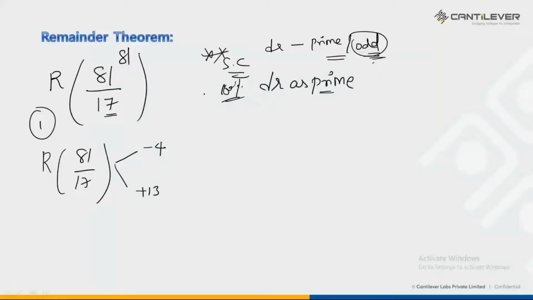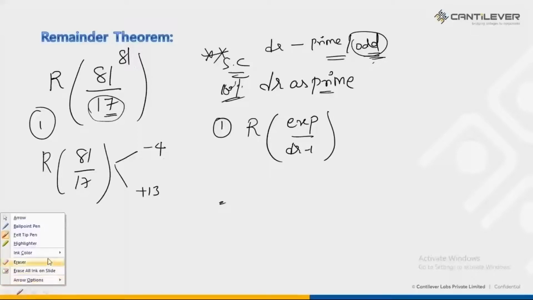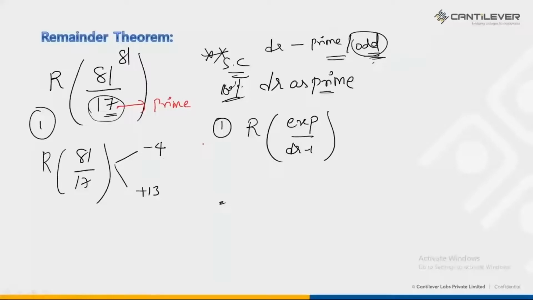Now, if you observe that the denominator is a prime number, the procedure is: first step, calculate the remainder when the exponent is divided by denominator minus 1. Whenever you find that the denominator is prime, you can solve the question in this way, or by taking -4 or +13 as we did in the previous example.